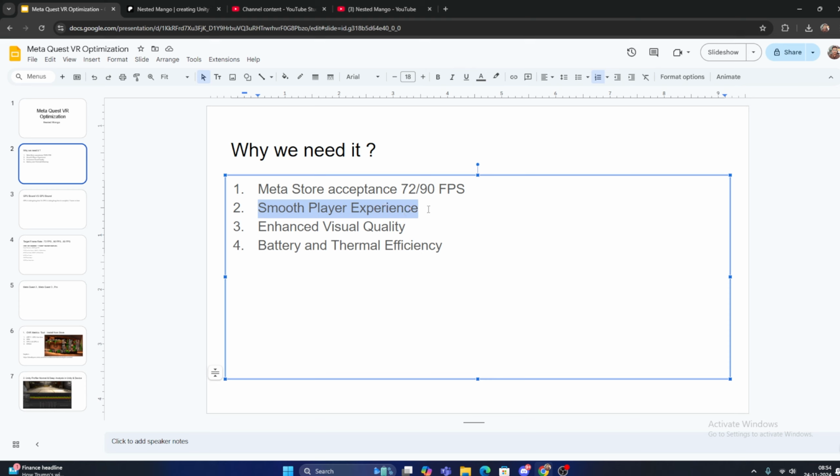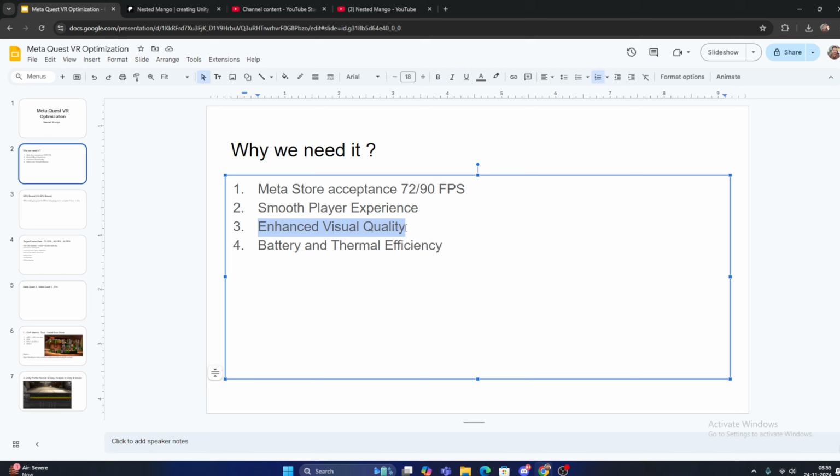And why I'm saying this: if your application is giving 10 FPS, your player will be in slow motion, and that will create motion sickness, so that will create an issue. So at that time you have to optimize your FPS, and if there is 72 FPS, your player will have a good experience. And enhance the visual quality.